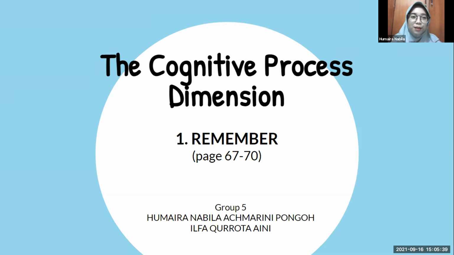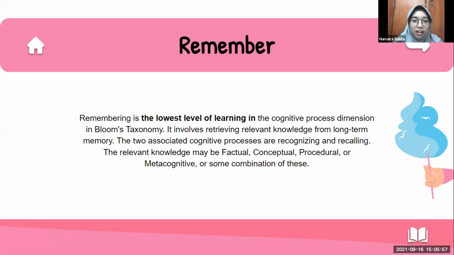Assalamualaikum warahmatullahi wabarakatuh. We are from group 5. Humaira and Ilfa will present about the first cognitive process dimension, which is remember. Next. Remembering is the lowest level of learning in the cognitive process dimension in Bloom's taxonomy.